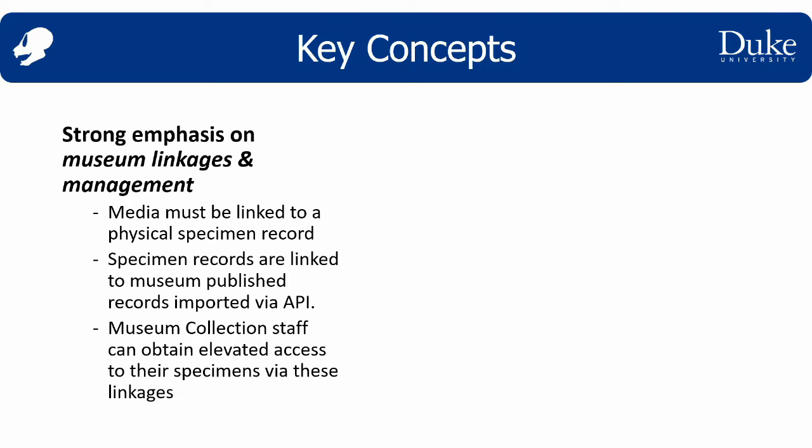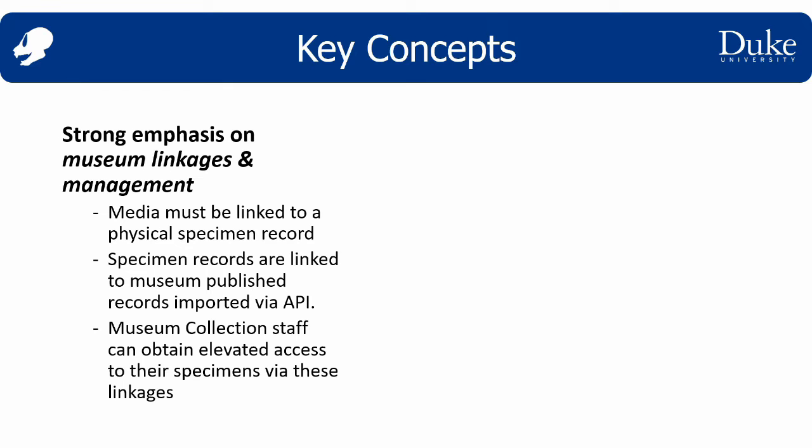So to talk about some key concepts here, and give you maybe a more intuitive understanding of how the site works, I want to start by emphasizing that we try to adhere to museum linkages and expect the possibility of museum management. So that means that if you're going into the site and trying to work with it, you have to link any data or media you upload to a physical specimen record.